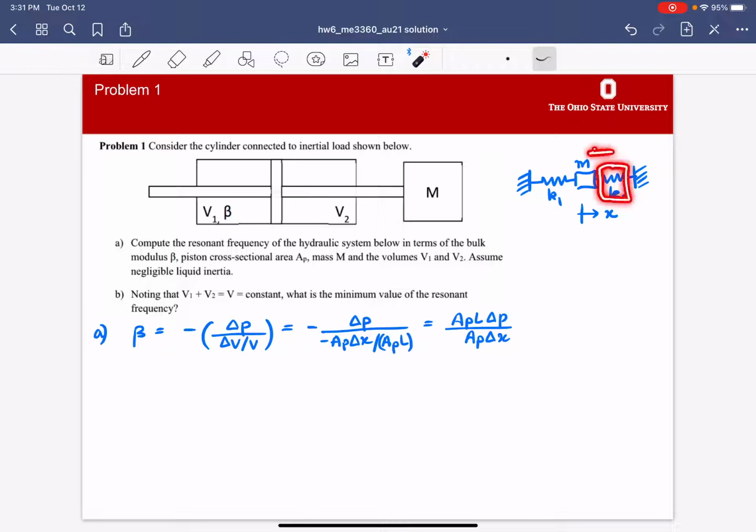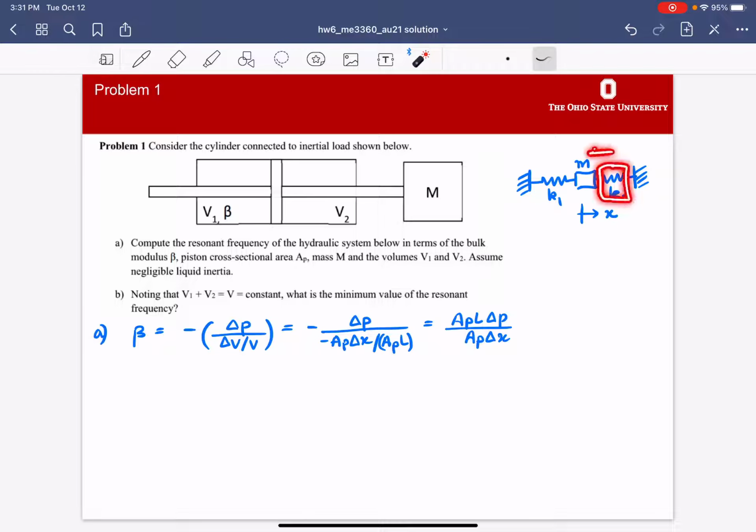If you simplify this, you can see that we can model these two springs together with an effective spring constant that is just the sum of both the spring constants, right?